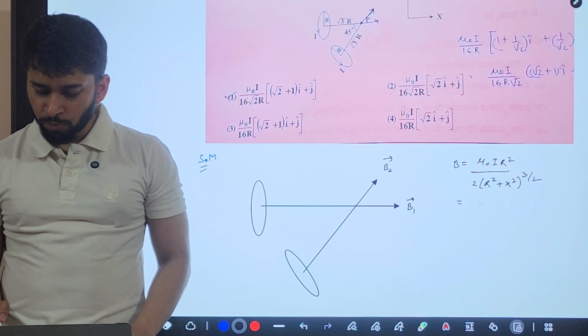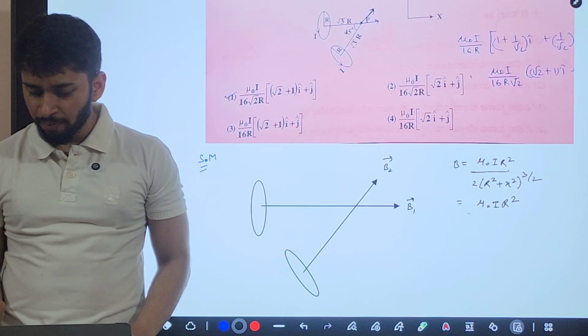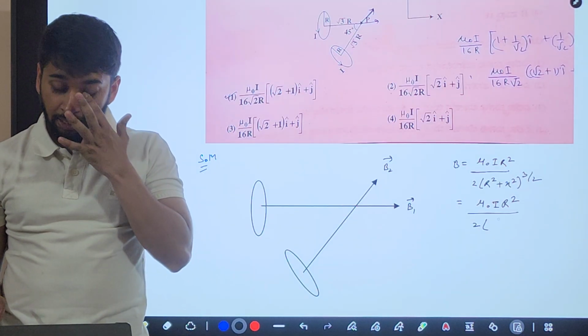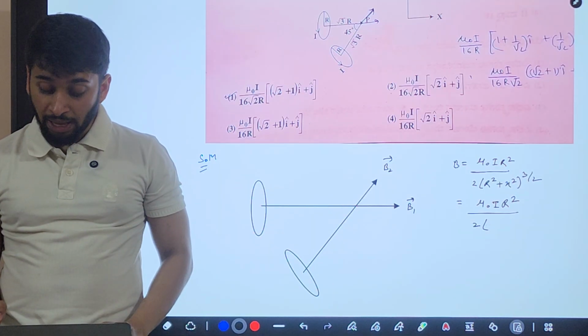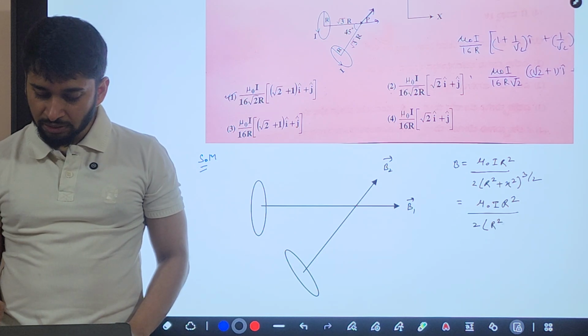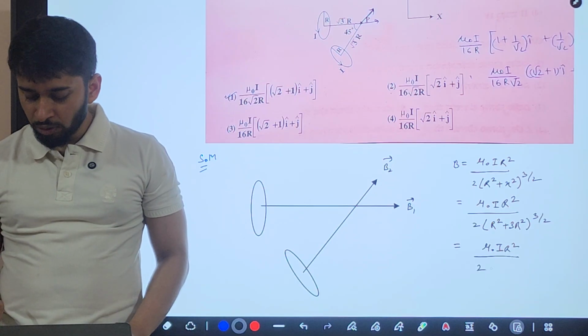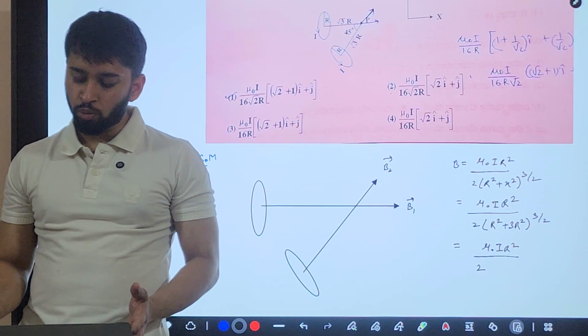So B1 and B2 both will be equal to B in terms of the magnitude. So mu naught I R square by 2 into R square plus X square, so R square plus 3R square to the power 3 by 2, which becomes mu naught I R square by 2 into 4R square to the power 3 by 2.